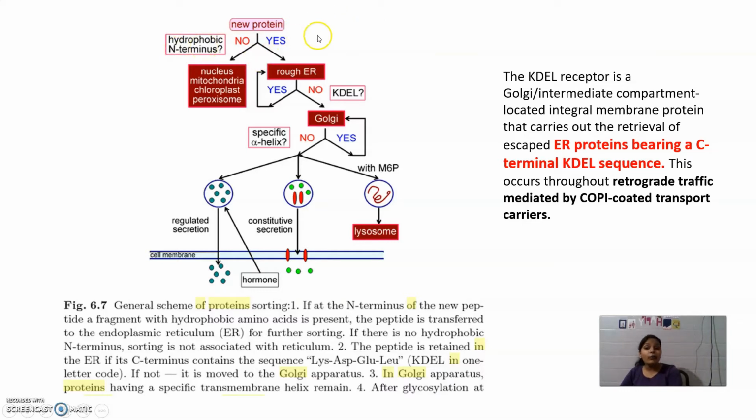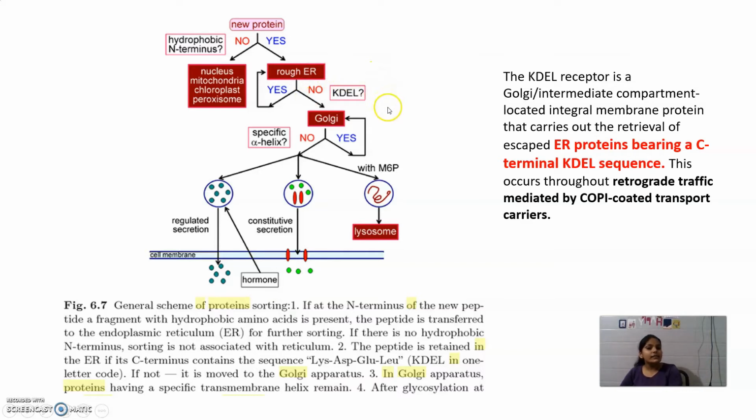If it is hydrophobic, then it will enter inside the rough endoplasmic reticulum, and if it is not hydrophobic, then it will form the cytoplasmic type of proteins that will enter either of the organelles, the nucleus, mitochondria, chloroplast or peroxisome.